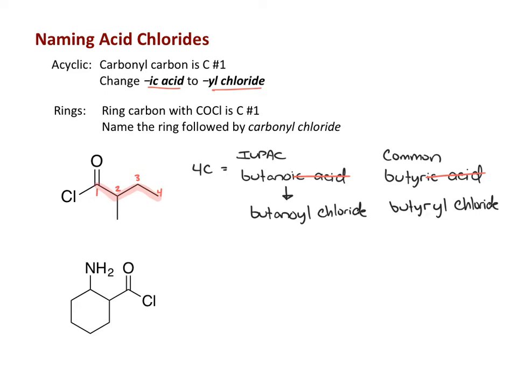Okay, so for the IUPAC name of this, we just have to deal with our methyl group. And that's on carbon 2, so we have 2-methyl, and use the IUPAC parent name, butanoyl chloride.